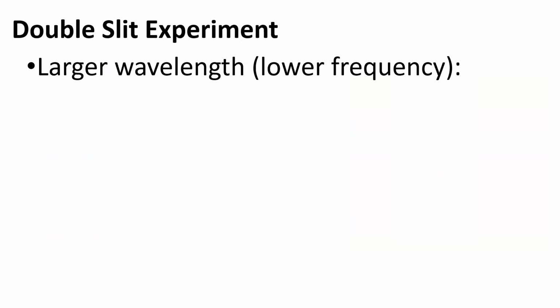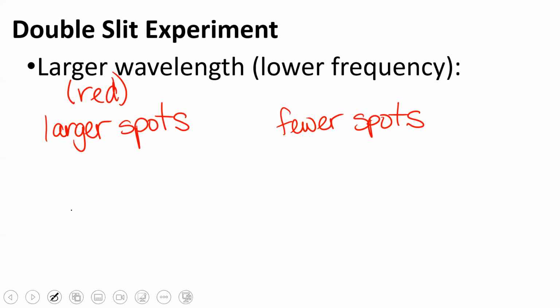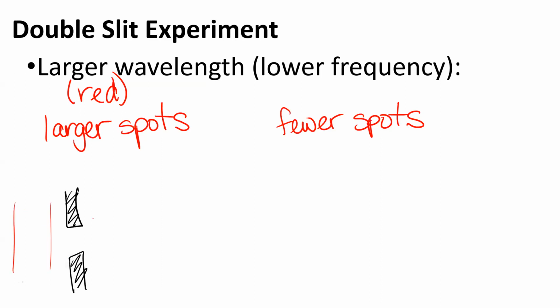And so let's write that down. So larger wavelength, which is going to be our red, gives larger spots. And that lower frequency means fewer spots. So if I draw this, here's our opening with our red light far apart.